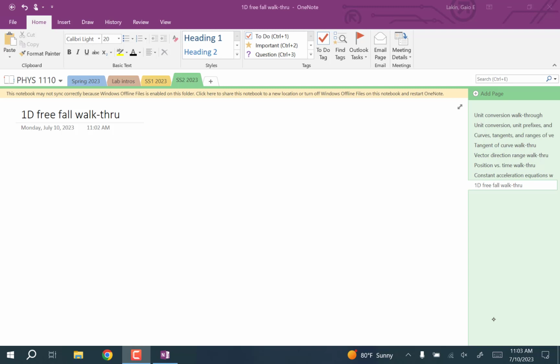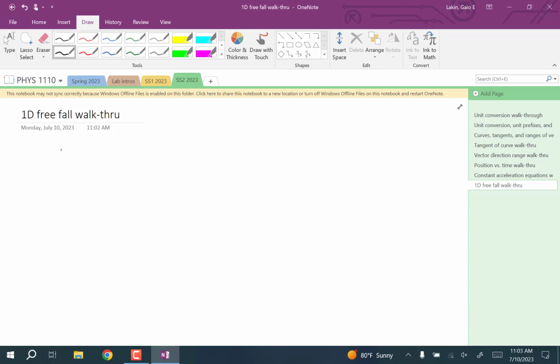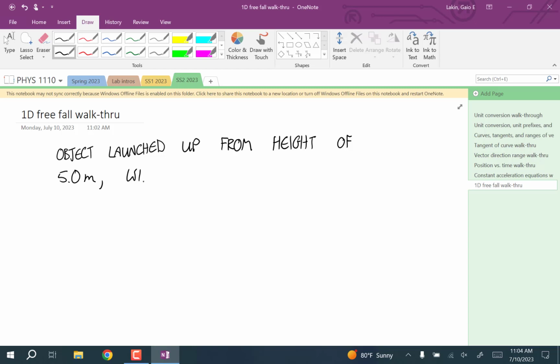So let's say that an object is launched straight up from a height of 5 meters with a starting speed of 8 meters per second.